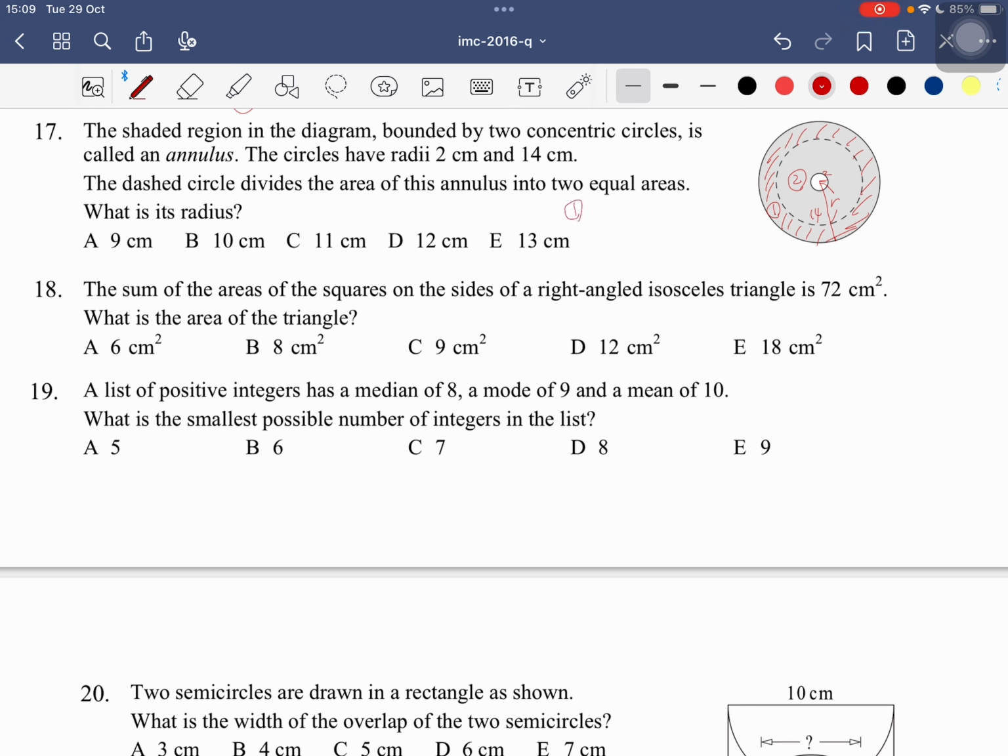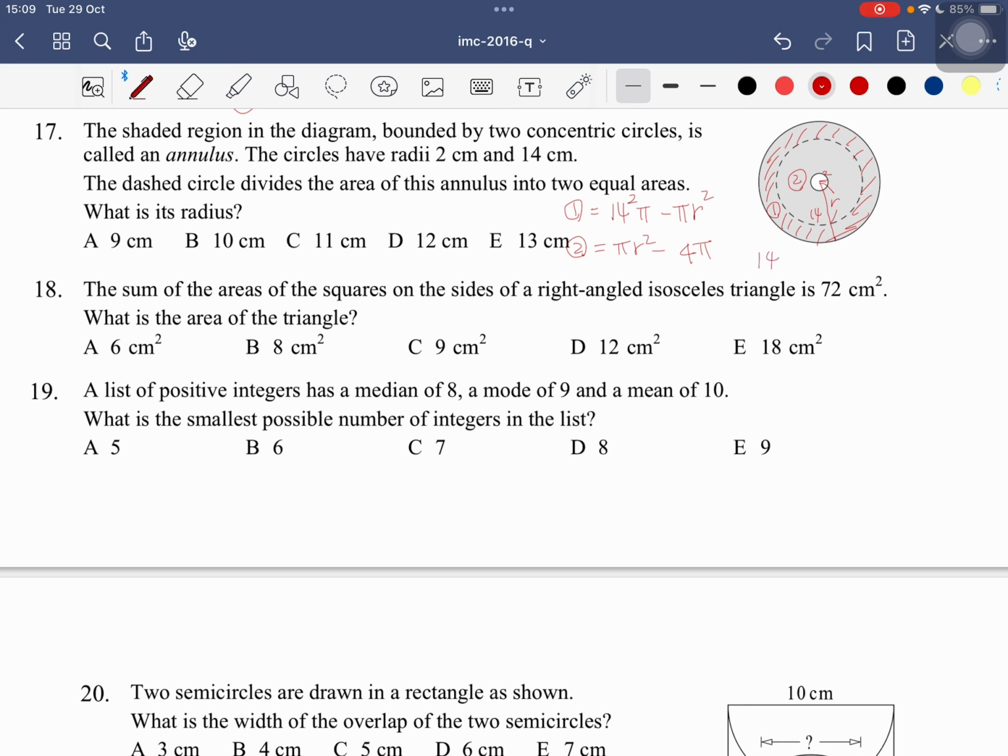So the shaded area of 1 is the largest circle area, which is pi 14 squared minus pi r squared. And number 2 is pi r squared minus pi 2 squared. So both of them should be the same.